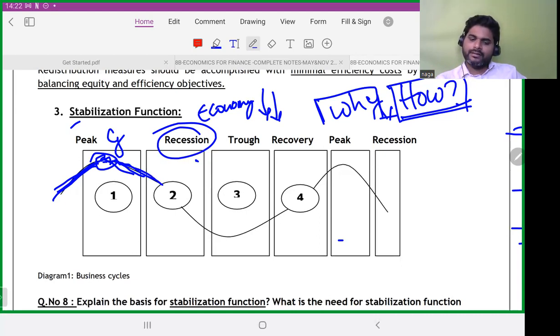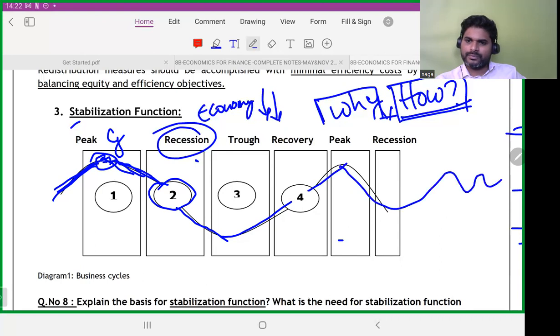And then the world will get into a recession phase, and then deep depression, and then again there will be some kind of recovery, and again it will reach a peak. It is a cycle, like this it will move. I don't know where it started, but this is something that will happen naturally.